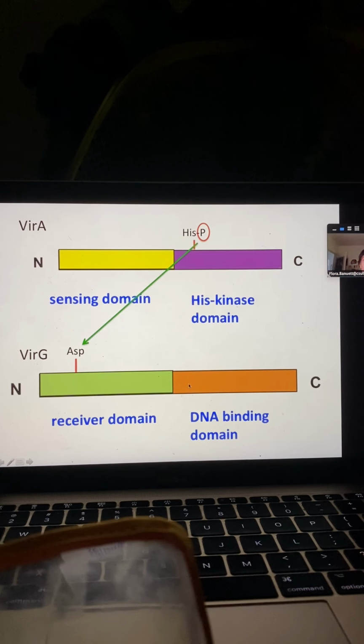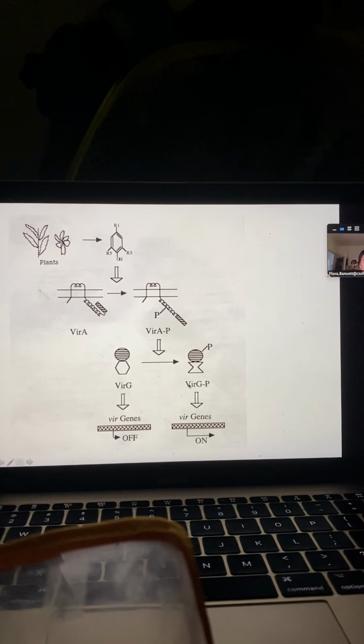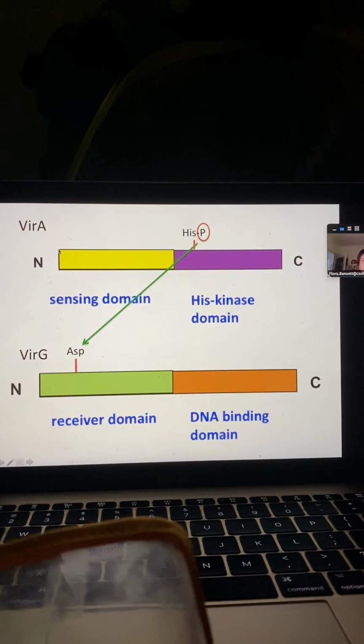So here it is. VirA in the histidine kinase has a particular histidine that is phosphorylated. This phosphate is then transferred. This part is the sensing domain, which senses the presence of acetylsyringone, which causes this autophosphorylation.